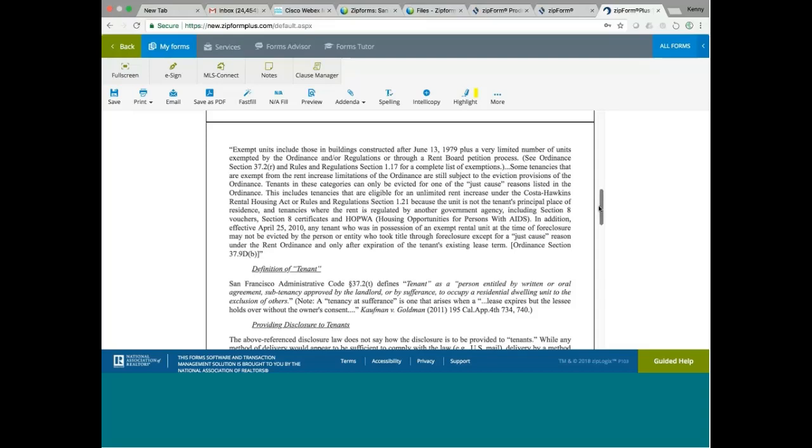Now, if you're a tenant, you are entitled to relocation payment in a situation where a landlord has to pay relocation to the tenant to occupy the property. So let's say we have four people living on the property. Two of them signed a lease with the landlord. Two of them did not sign any leases with the landlord.